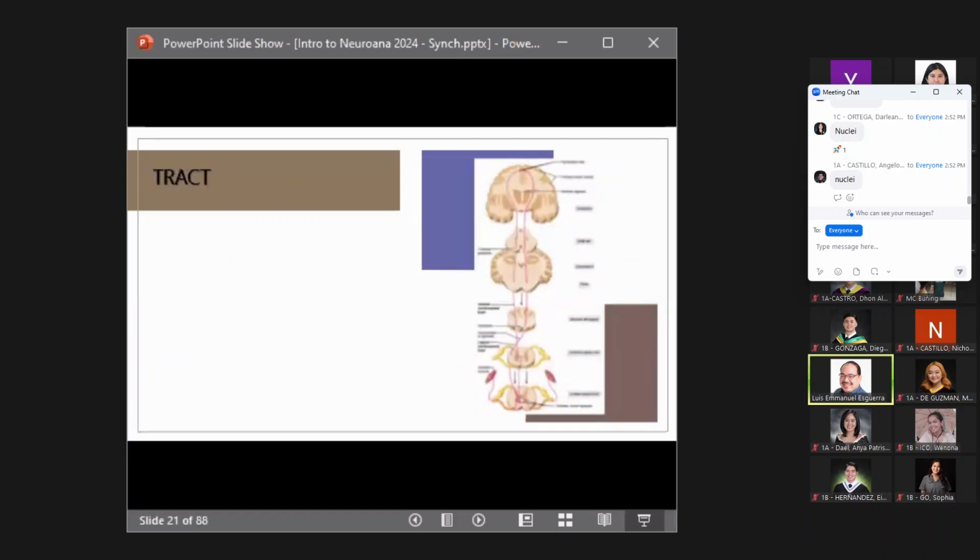Now, I introduced the term tract. Tracts are specific nerve bundles or fibers in the white matter of the central nervous system. So they are central, not peripheral. These are bundles of nerve fibers with a common origin and termination within the central nervous system, meaning a common designation of source and ending.